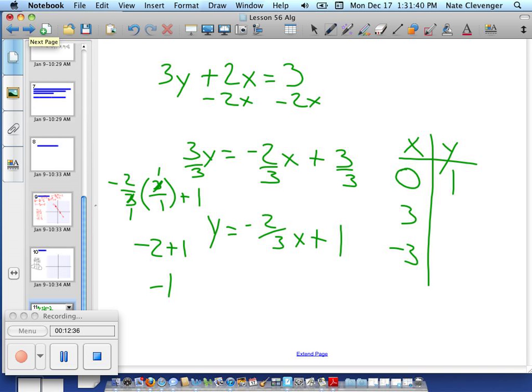So that's the value for y on that one. When we plug in 3, we get -1. And then if we plug in -3 plus 1, the 3's reduce. Now you have -2 times a -1 is a +2 plus 1.